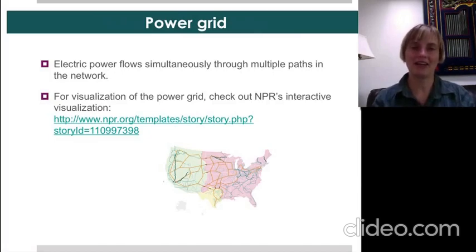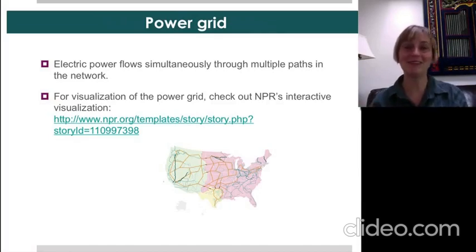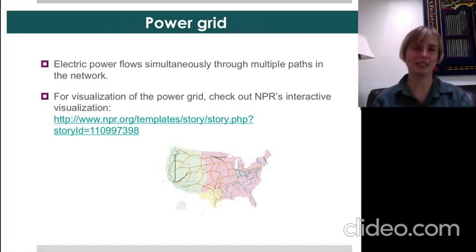Here again, we're going to dismiss some assumptions that we had with other networks, and we're going to introduce some new simplifying assumptions. Here, what we're talking about is that where the electricity is produced is not always where it is consumed, and you need intermediate distribution, actually transmission stations that will bring the power from the generators to the end distribution stations that then deliver the electricity locally to customers.